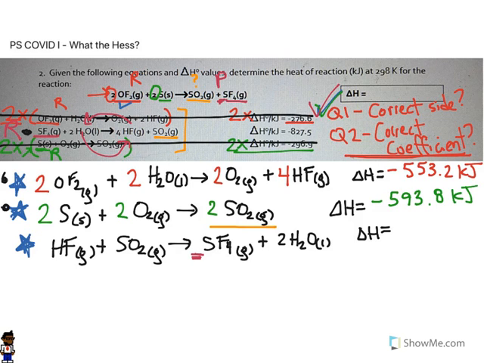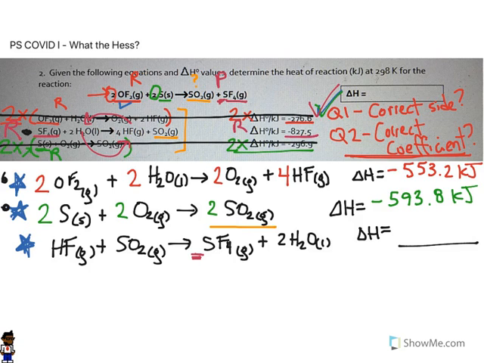Okay, so let's go ahead and cross off the previous reaction because we've changed it. But hang on a second, what's the delta H? What happens when you reverse a reaction? Very simple. All you have to do is flip the sign. So I'm going to write a little R here because we reversed it. But all you have to do is flip the sign.